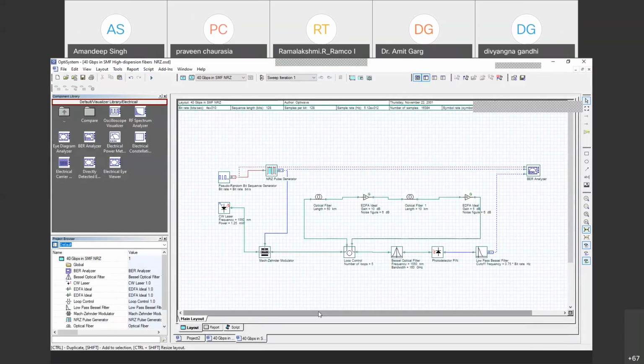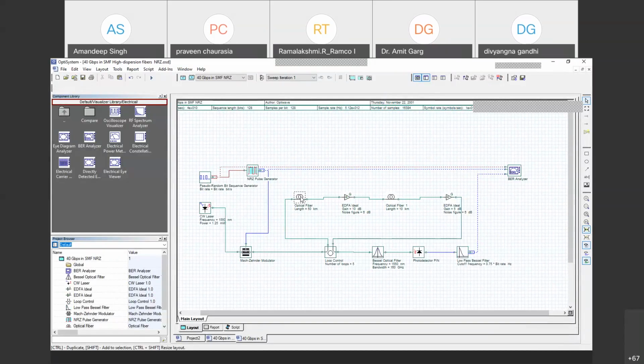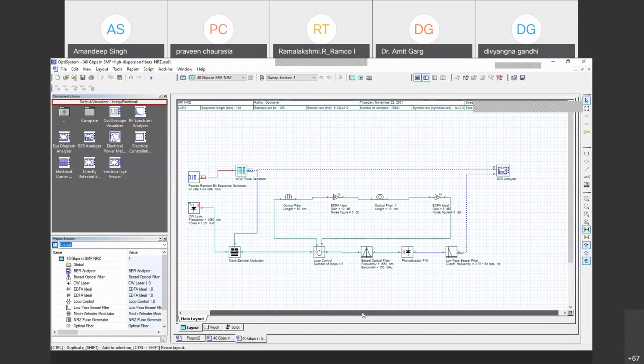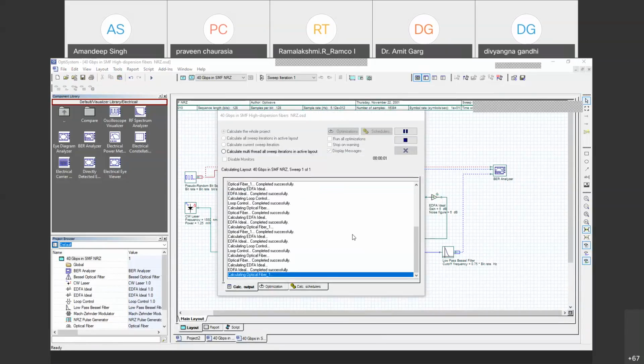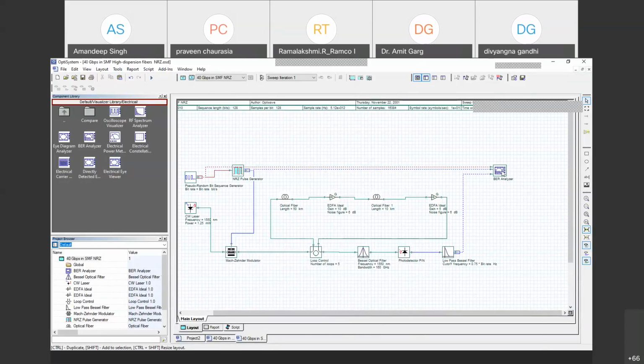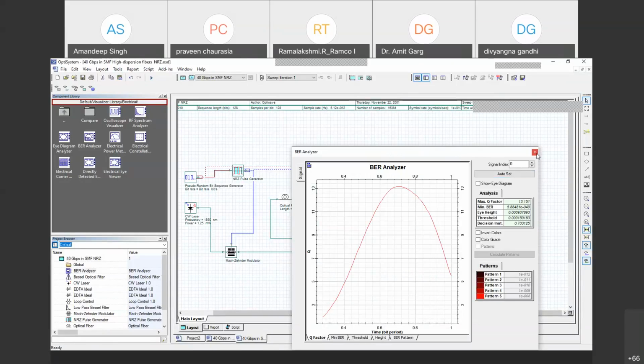Again, we are using this optical fiber, 50 kilometers of length, the same amplifier, then dispersion compensating fiber, then again amplifier, loop control of 5, then the same phenomena. And after the simulation, the Q factor will be higher because the distance we are using here is only 250. So this is the Q factor.